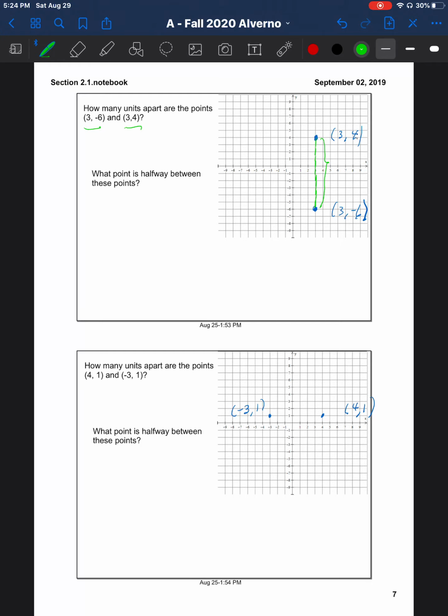Let me change the color so it's easier to see. So we make this 4 plus minus 6, divided by 2, is equal to minus 2 over 2, which is equal to minus 1.